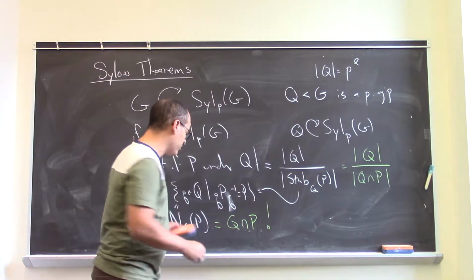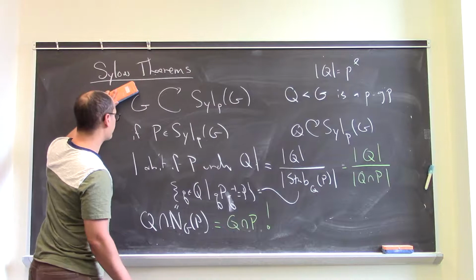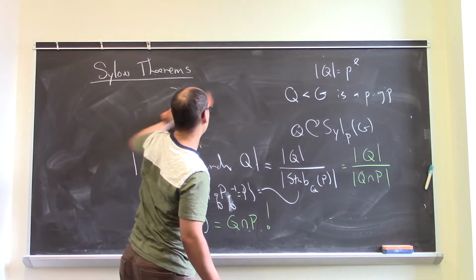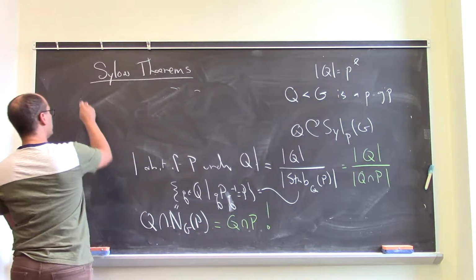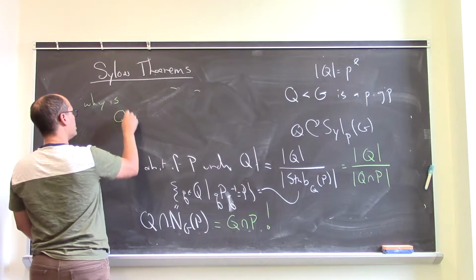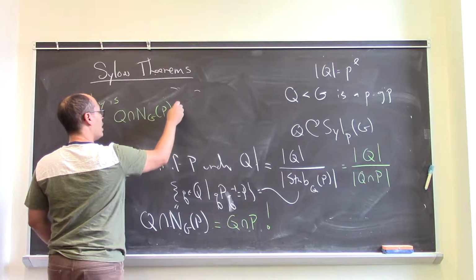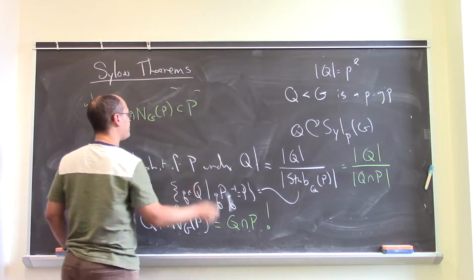That's the only non-trivial thing about this to check. Okay. So why is Q intersect the normalizer contained inside of P?